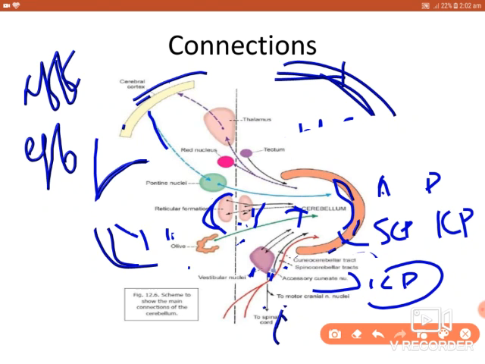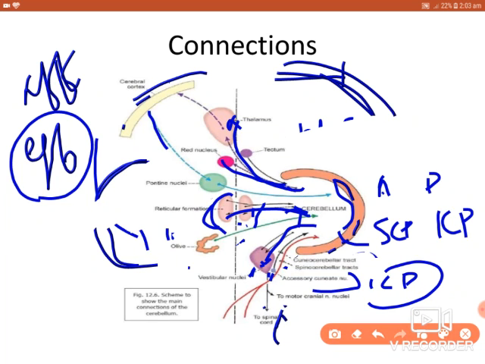Coming to the efferent fibers, the main efferent fibers are the cerebello-rubral, cerebellothalamic, cerebellovestibular and cerebello-reticular fibers. So that's about the important connections of the cerebellum.